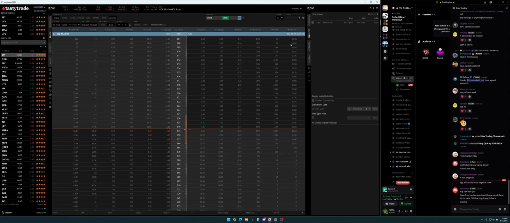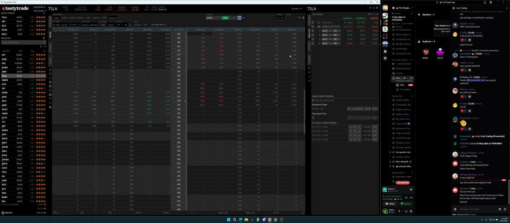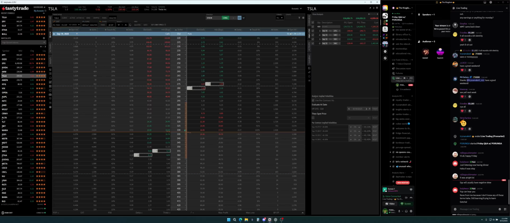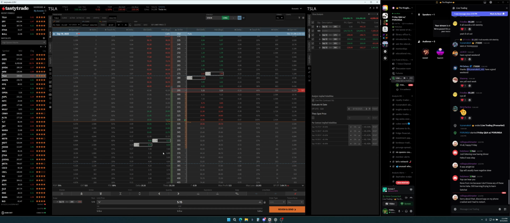You more want to do a short strategy when IV is high, IV rank is high. A good example would be Tesla. Their IV rank currently is 5.8, but they're a 50% IV expiration. So this makes for a good candidate, if you have the capital, let's just say you wanted to do a Jade Lizard.